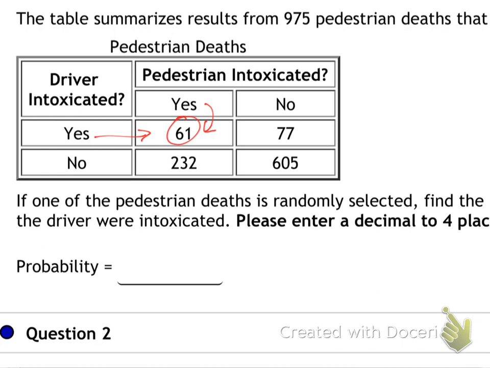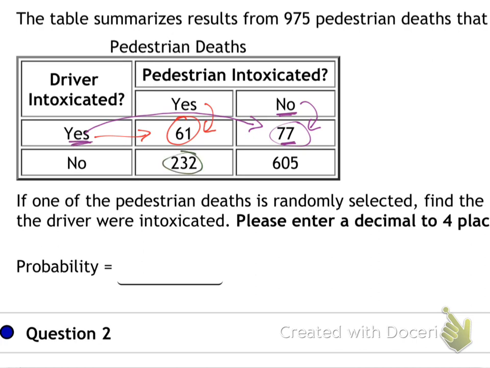Okay, so tell me about these 77. I'll make sure we're clear before we go into the questions. What's up with those 77? The driver is intoxicated, but the pedestrian was not, and yet died in an accident. Yes, intoxicated for the driver.